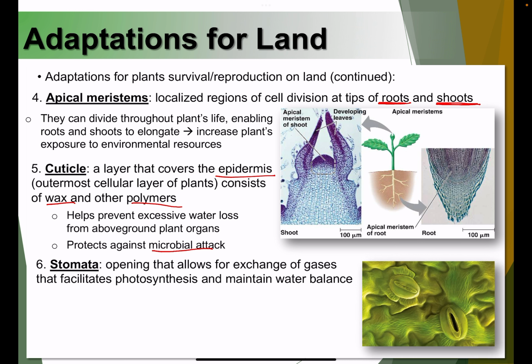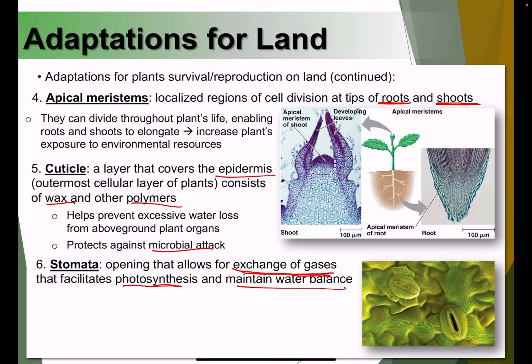The sixth adaptation for land is that plants have what's called stomata. So stomata are openings that allow for exchange of gases and that facilitates photosynthesis, because what plants do is they take in carbon dioxide and then they release oxygen for us humans to breathe in. So there's got to be openings for those gases to be exchanged, and they can also maintain water balance.